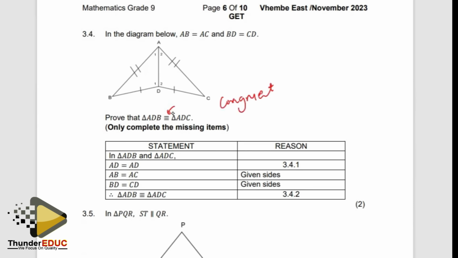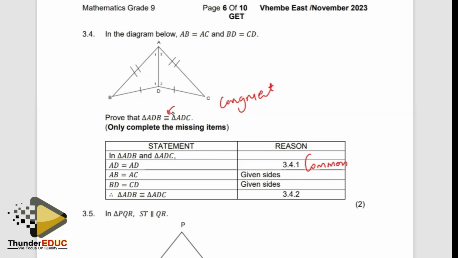For congruent, we need to look at exactly the same shape, exactly the same angles. So AD is the same as AD. In other words, both triangles are sharing the same side, AD. So the reason we give is that that side is common.